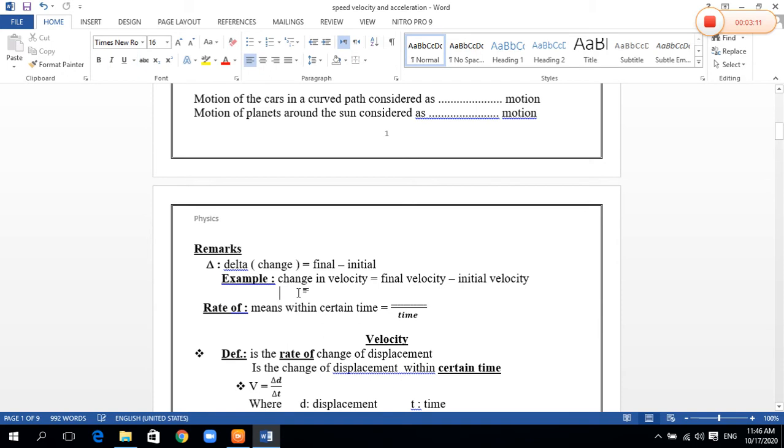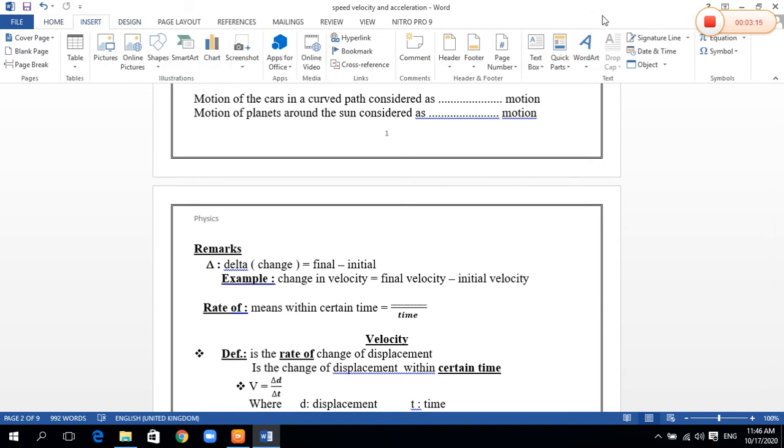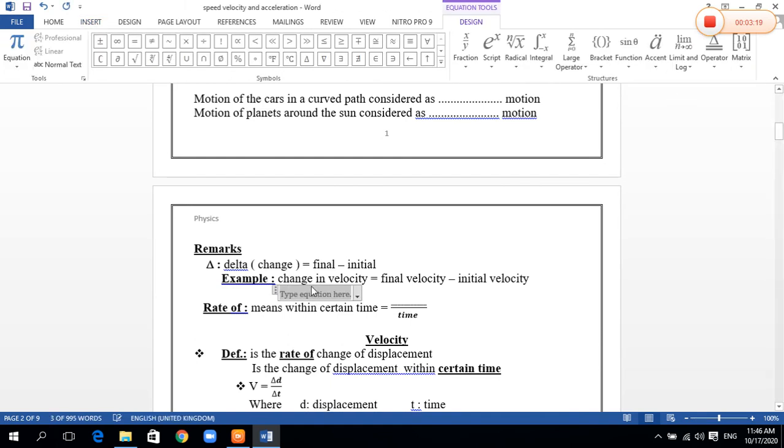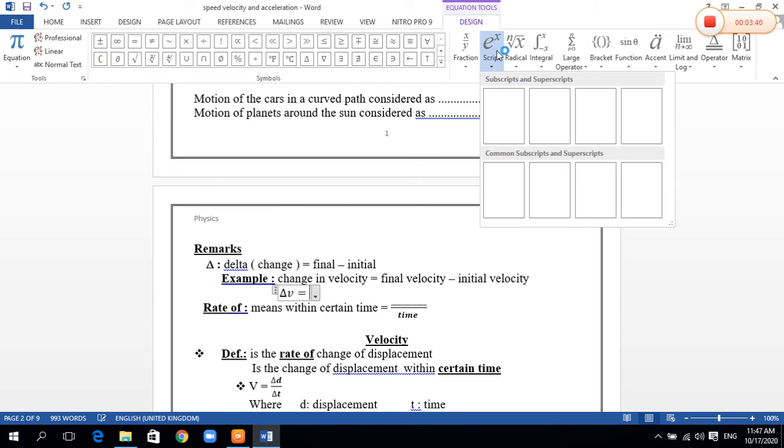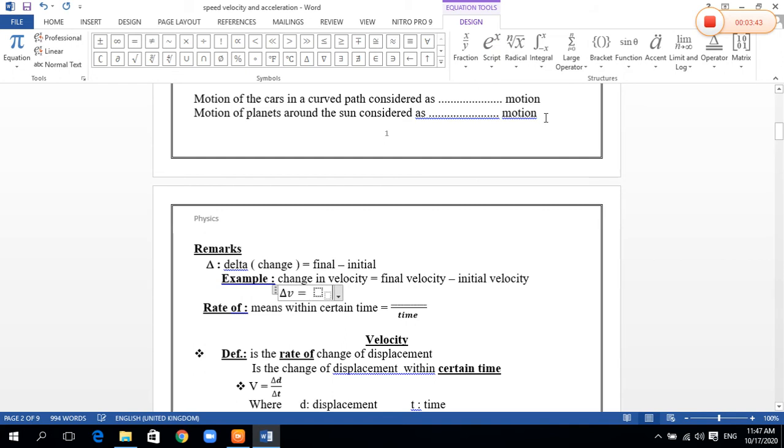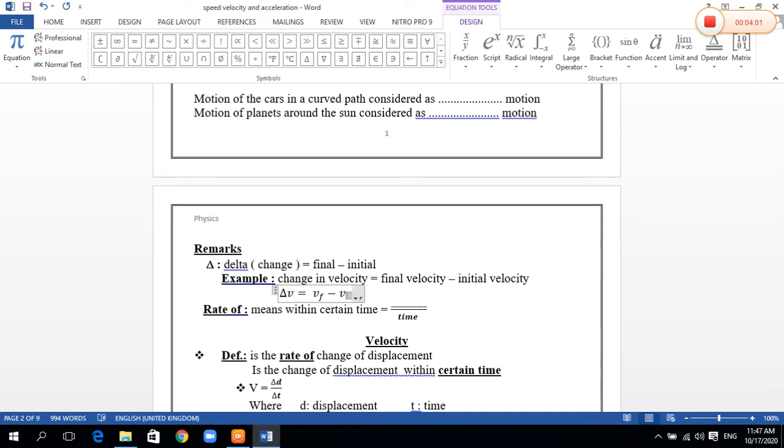We can write it as follows: we have here the symbol of delta, the triangle, delta V representing the change in velocity, equals V final, written like that, Vf, minus V initial, the initial velocity, Vi.